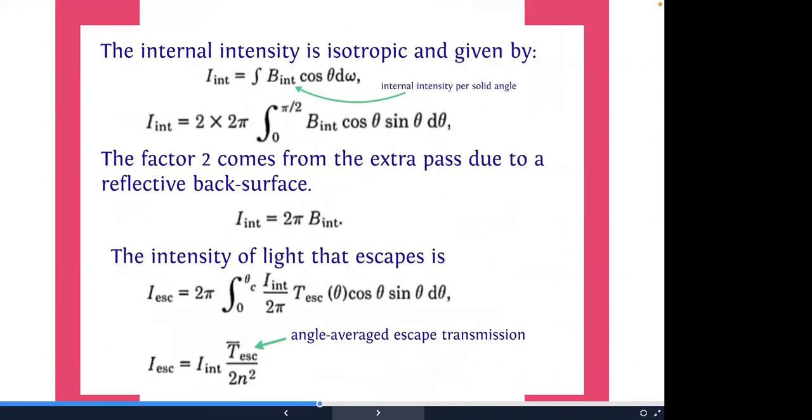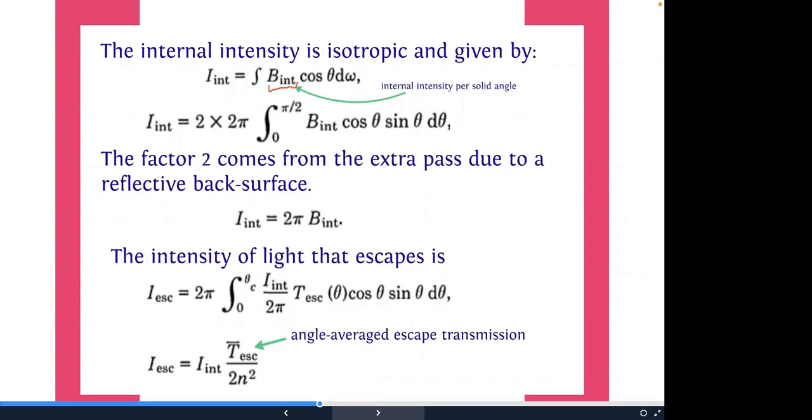Now, the internal intensity is isotropic. That's the assumption because it's ergodic. We assume it's randomized, so it's homogeneous inside the solar cell. So we can compute something using this very simple expression. This B internal is the intensity per solid angle, so essentially it is the brightness inside the material.